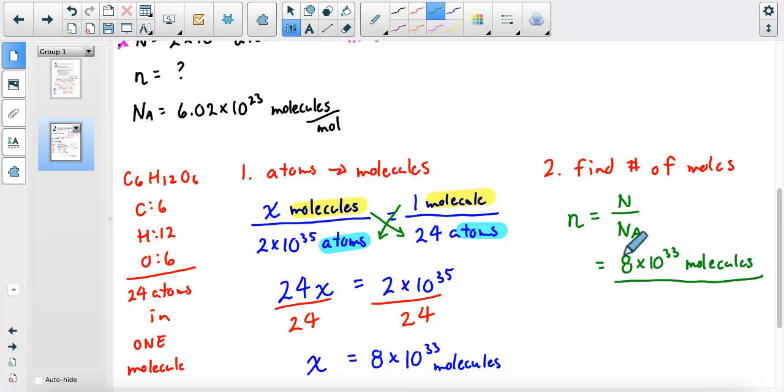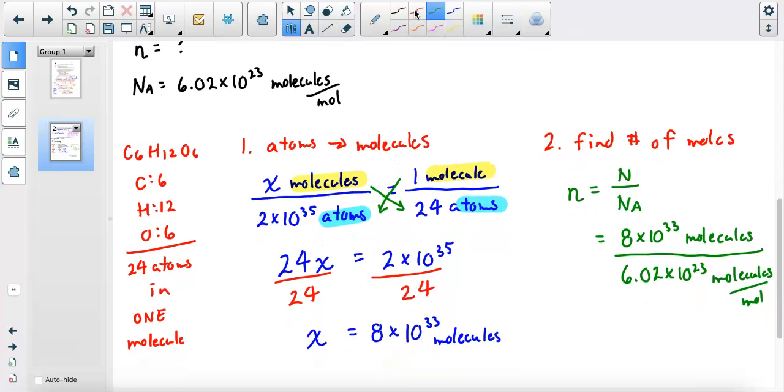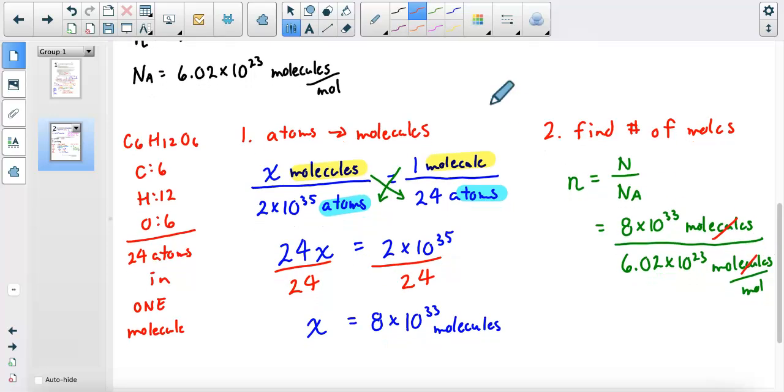And we're going to divide this by Avogadro's constant, which is 6.02 times 10 to the 23. And the units we're going to be using now are molecules per mole. That's going to allow these molecules to cancel. Plug this into your calculator, and you're going to get 1 times 10 to the 10 moles.